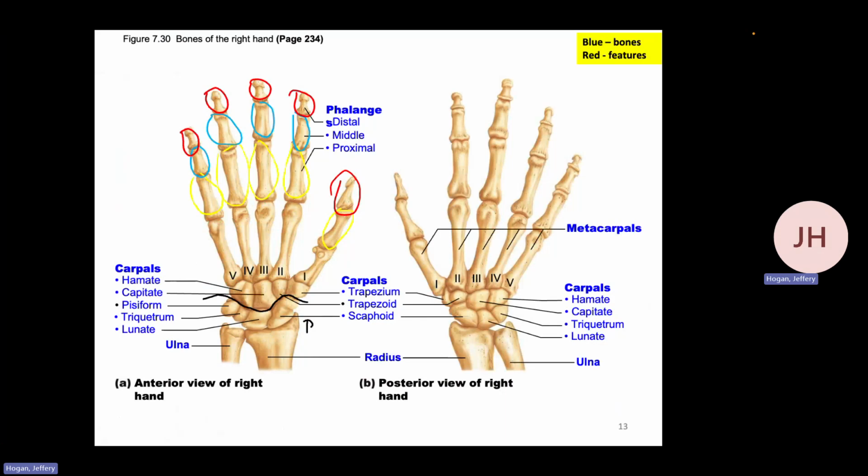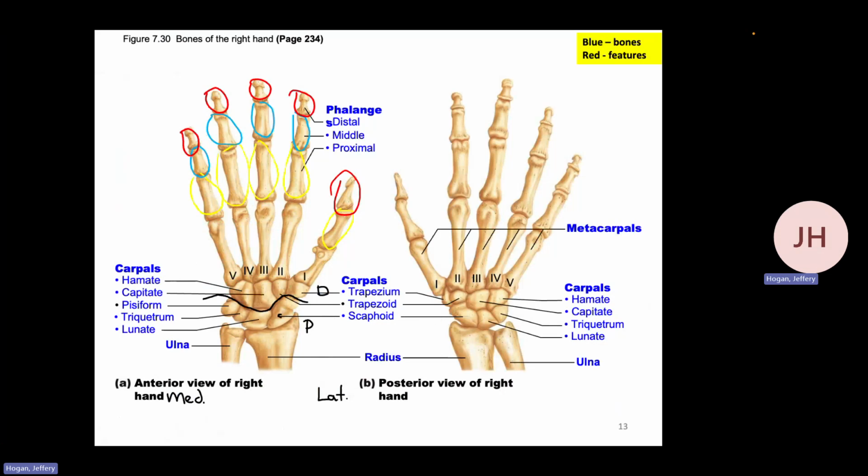So proximal row, distal row, right? Now remember, this is the right hand, so this is going to be lateral side, and then the medial side toward the body here. And when we use our mnemonic device, we are going to go from lateral to medial, proximal to distal, right?